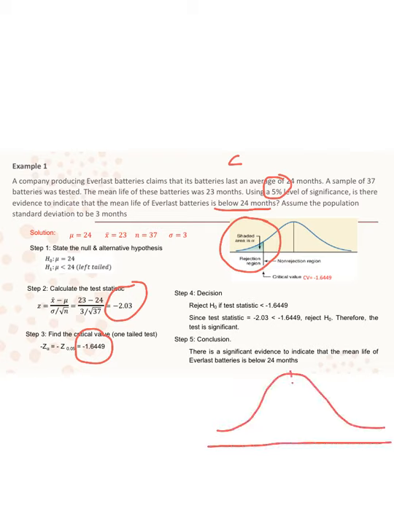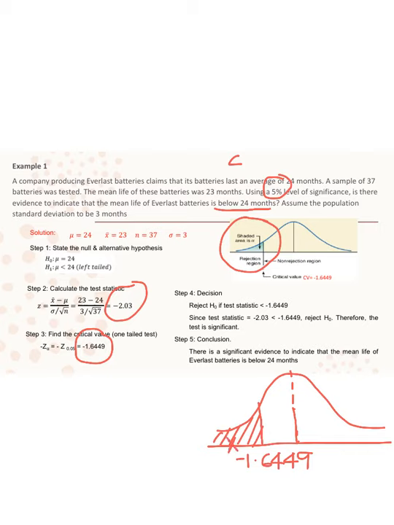Since kita nak buat kita punya left tail, so that's why kita akan tengok di sebelah kiri. So this is our rejection region. Yang mana value critical dia adalah negatif 1.6449. Test statistik yang kita calculate tadi, kita dapat negatif 2.03 which is fall in this rejection region.